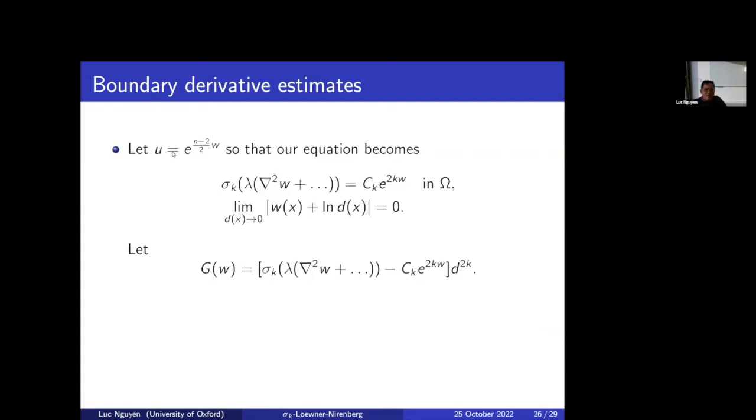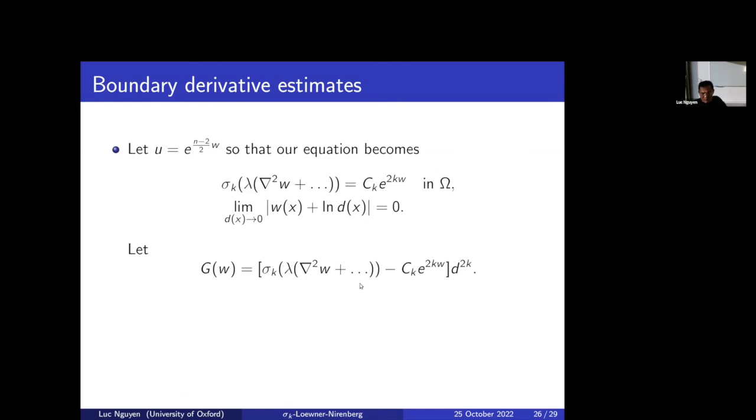So first of all, instead of working with the variable u, we use a different variable. And we just rewrite it as the sigma k of the eigenvalues of a matrix here, where the leading part is now the Hessian. And we introduce this functional here.